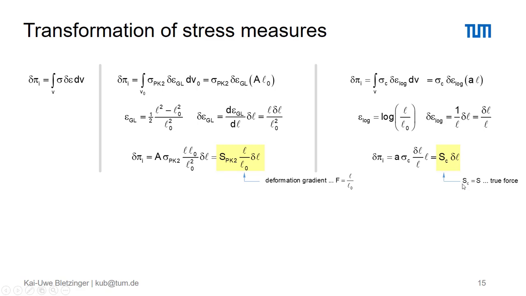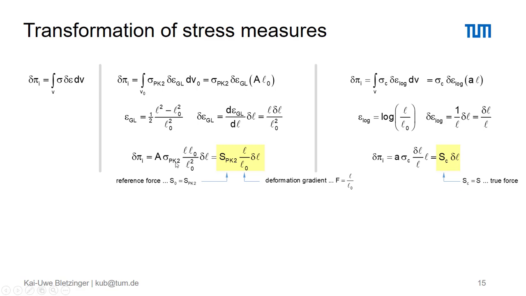Again, we just recognize what I said before, that the Cauchy force is indeed the true force which we measure in the deformed configuration where the cross-section had been reduced by Poisson effects, at least eventually. On the left side, we identify the Piola-Kirchhoff force of second kind as a term which remains constant throughout the complete deformation. Capital A will not change, that's the initial value of the cross-section.